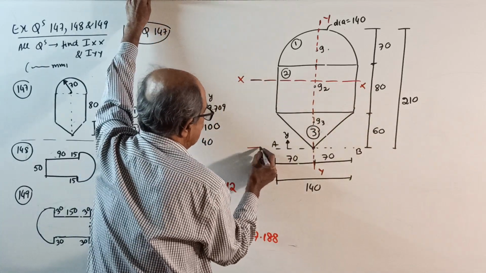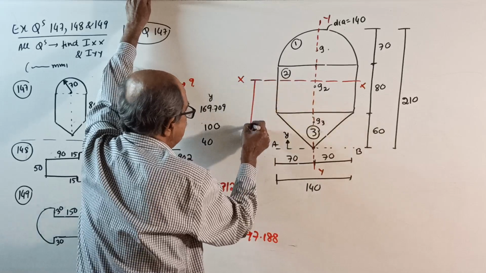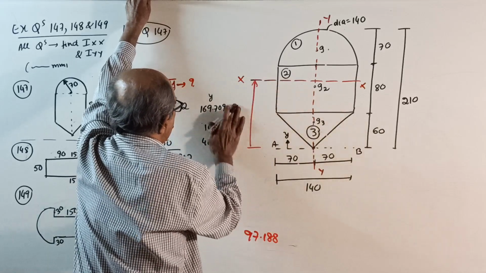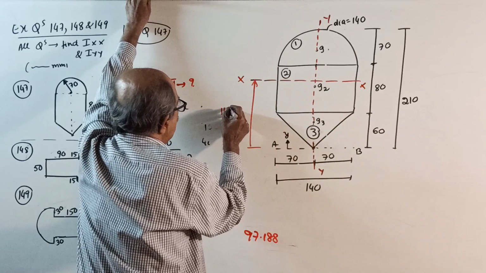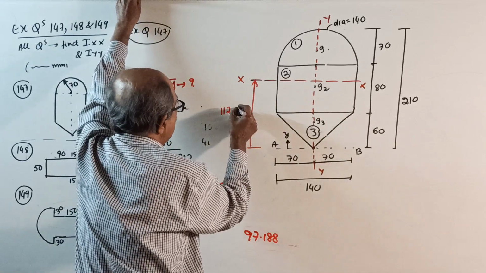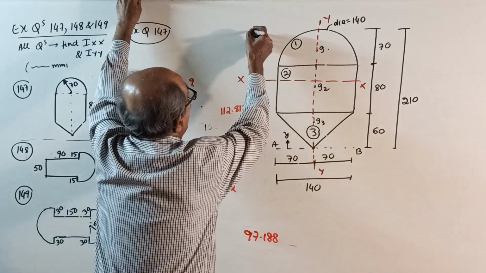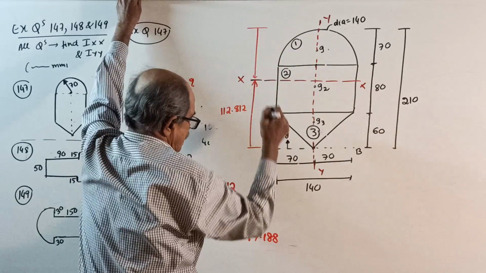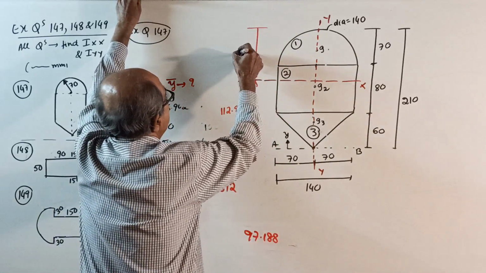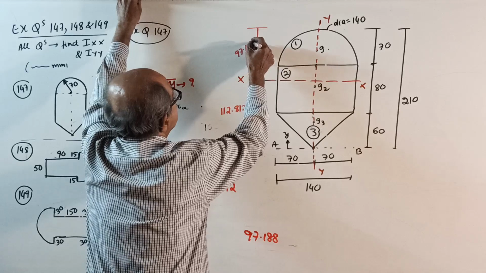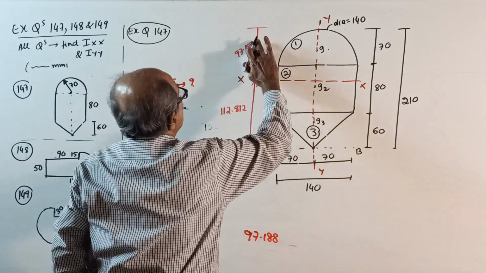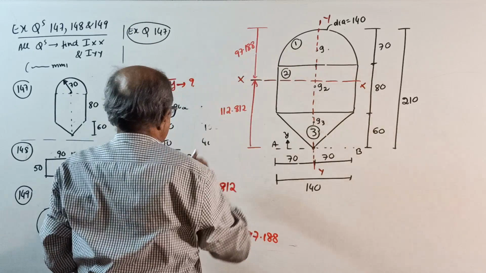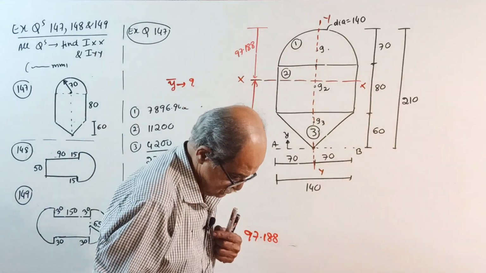From the bottom edge, from AB, this distance is, remember, 112.812. From the topmost edge it will become 97.188. Okay. Now calculate the moment of inertia.